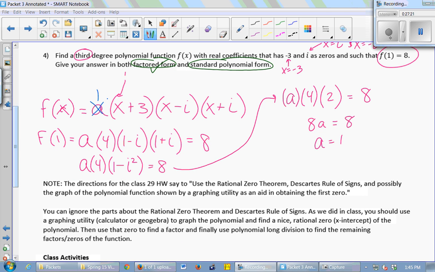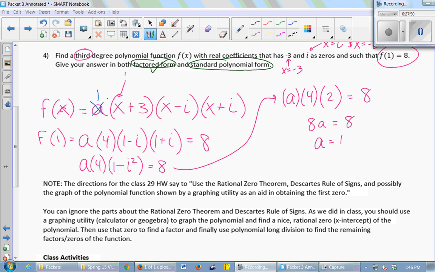Okay. So the directions for tonight's homework say, use the rational zero theorem, Descartes' rule of signs, and possibly the graph of the polynomial function shown by a graphing utility as an aid in obtaining the first zero. Just ignore all the references to the rational zero theorem and Descartes' rule of signs. I did not teach those to you, and you don't need them for any of your homework. You're just going to do what we did in class.